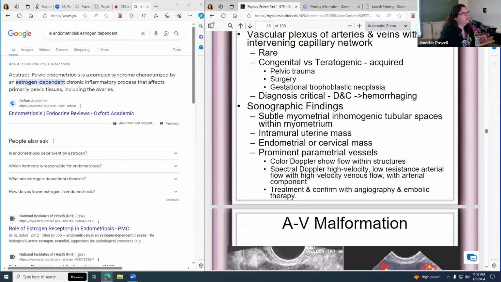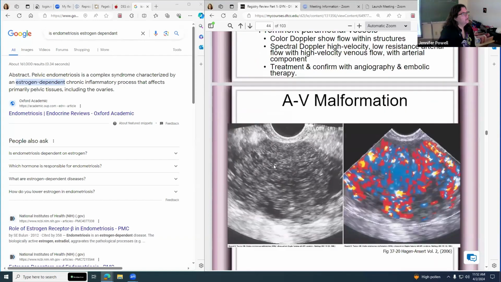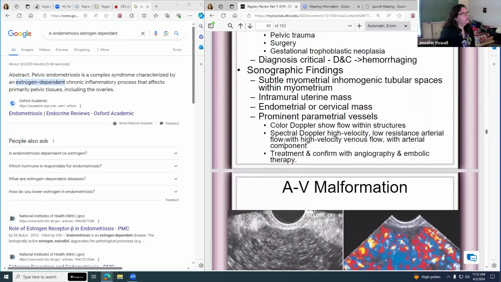Spectral Doppler shows high velocity, low resistance arterial flow, and high velocity venous flow with arterial component.